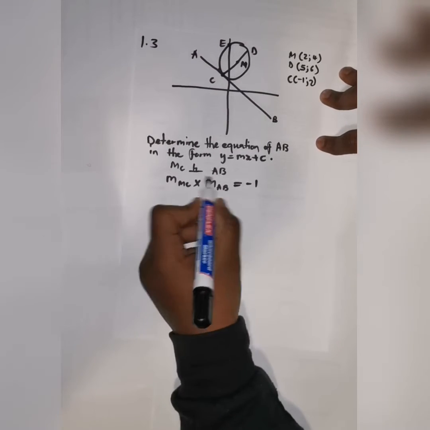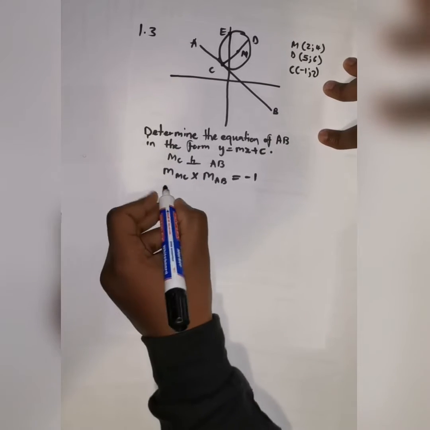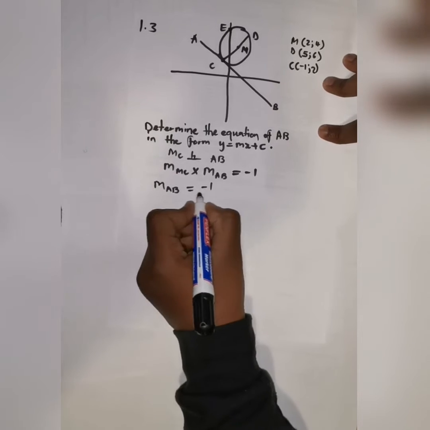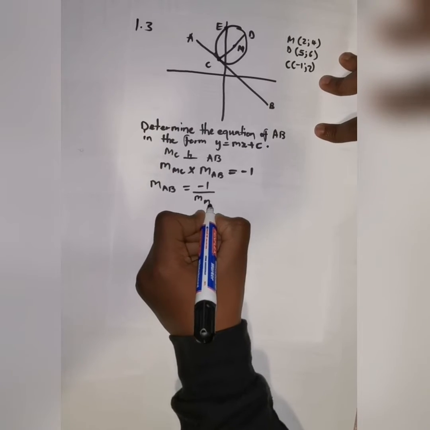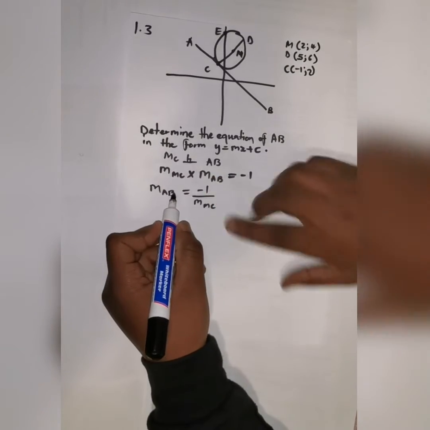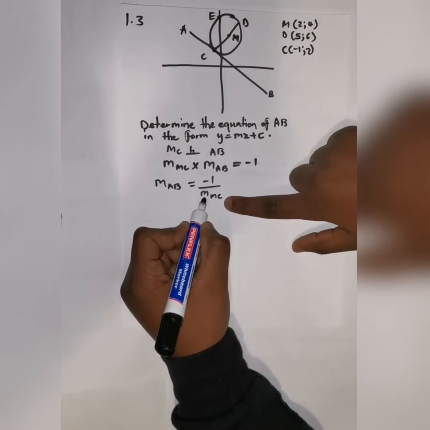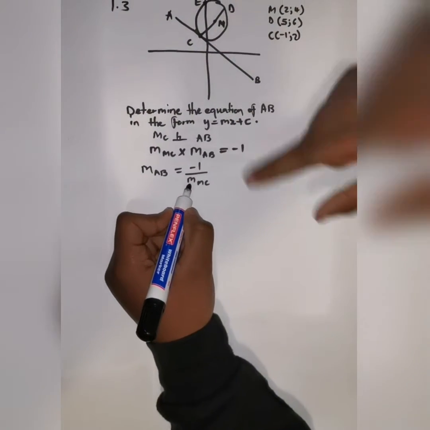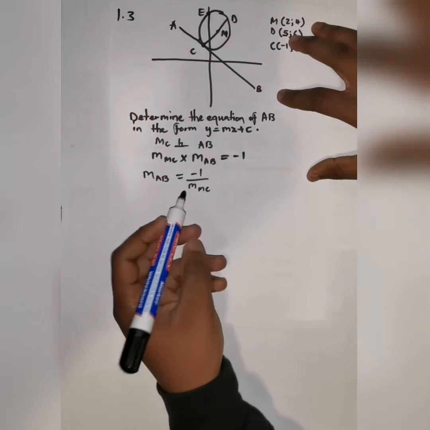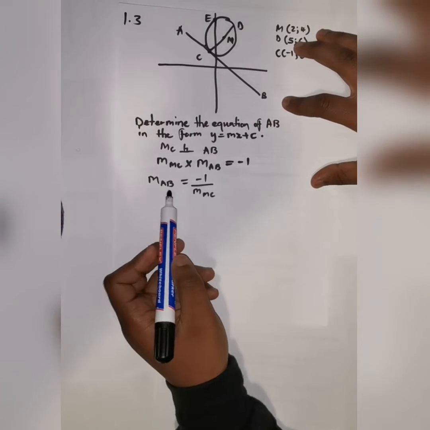Using this expression, we can determine the gradient of AB, which is the line we are interested in, because we need to determine the equation of that line. So this is the expression we're going to use. We need the gradient of MC, which we can determine since we have the coordinates.